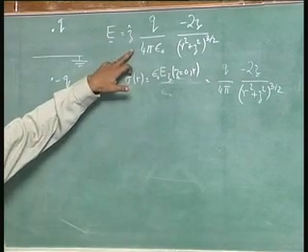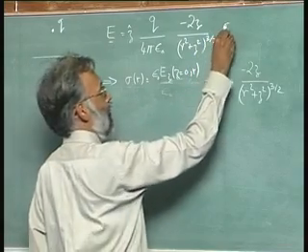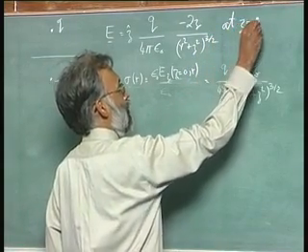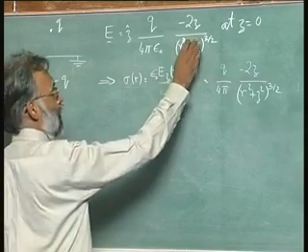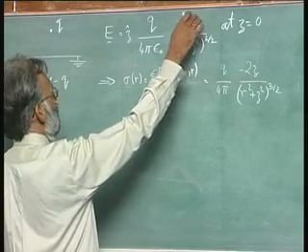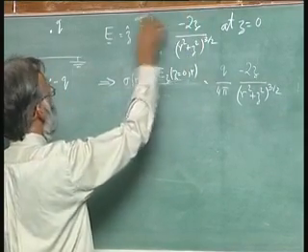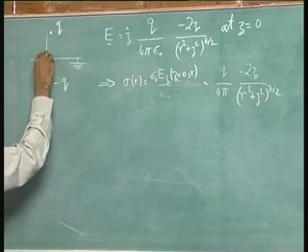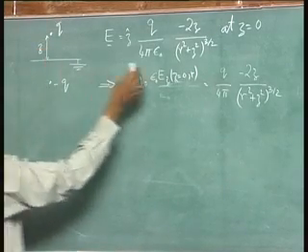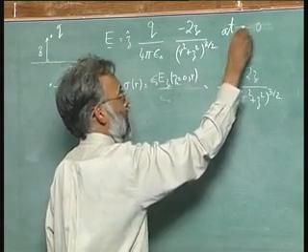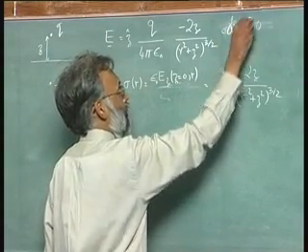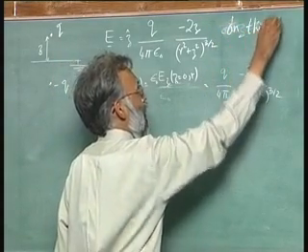The answer looks like this at z equals 0. So this is z, at the observer point, on the plate.